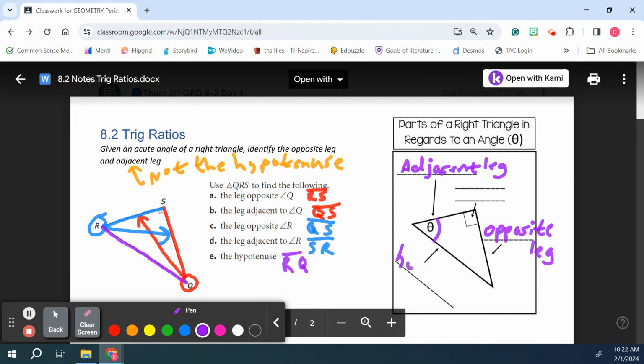This one right here is your hypotenuse. And this will be your right angle. Is anybody still writing this down?